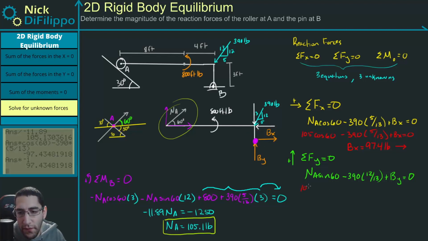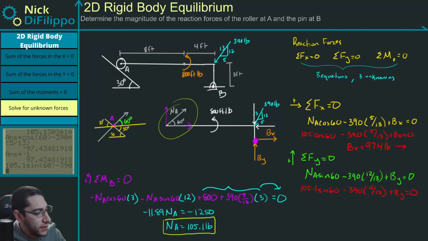We're going to get 105.1 times the sine of 60 minus 390 times 12/13 plus by is equal to 0. So 105.1 sine of 60 minus 390 times 12/13.